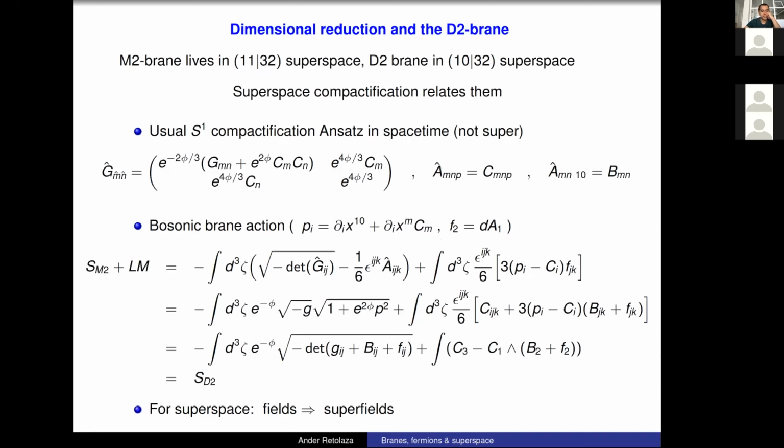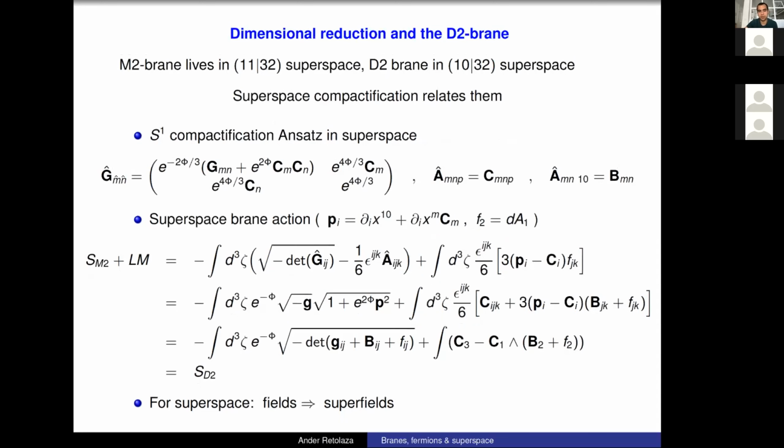Now, what happens if you want to do it at the superfield level? The only thing that you need to do is go from having fields all over the place to having superfields, and you can follow the same approach. Initially we had the 11-dimensional metric superfield, and the same with the 3-form.